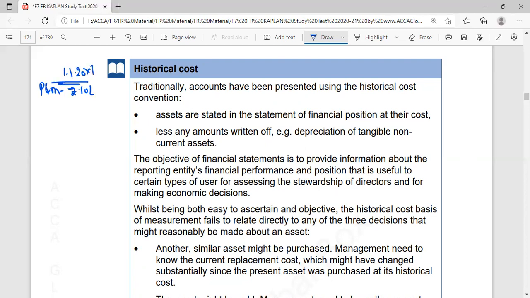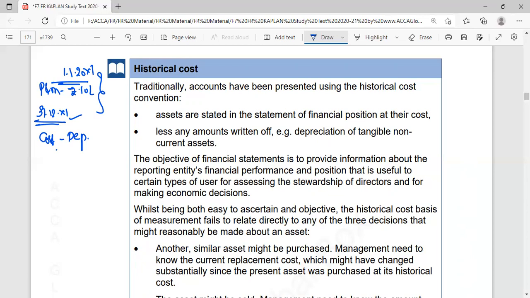This 10 lakh dollars is historical cost. Then on 31st December 20X1, we have used that asset for 1 year. Then what is the historical cost here? Cost less depreciation till this date. That is said to be historical cost.